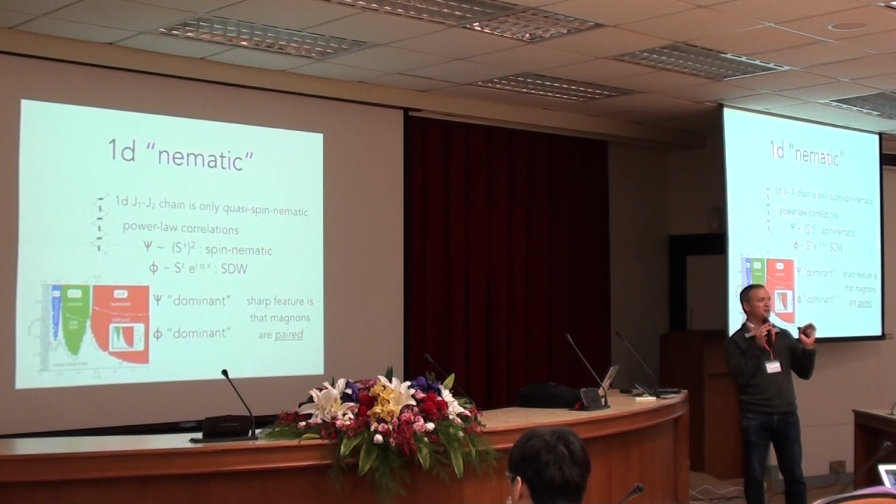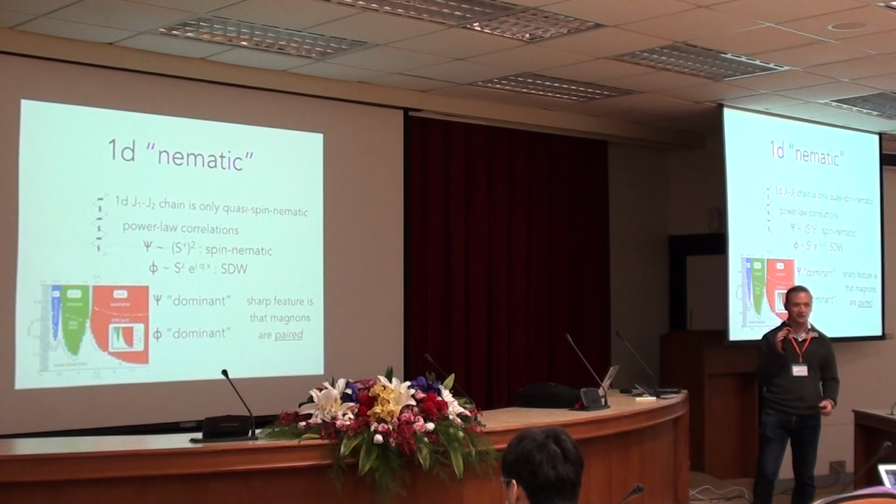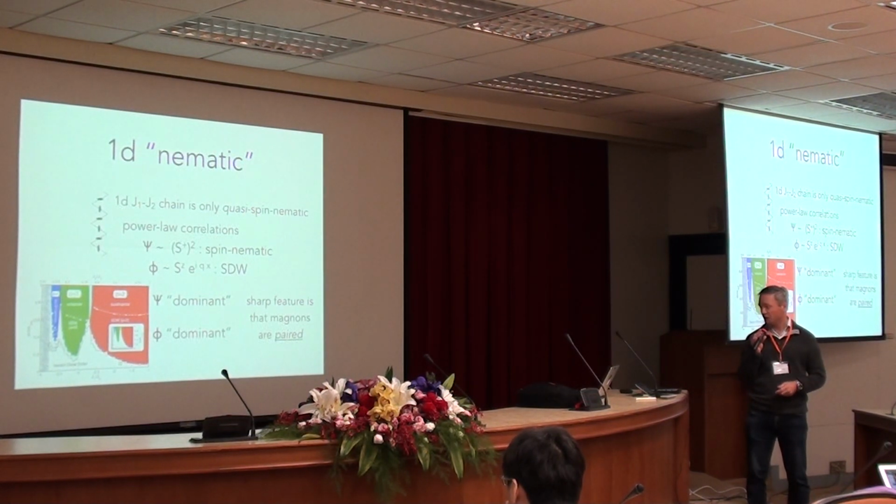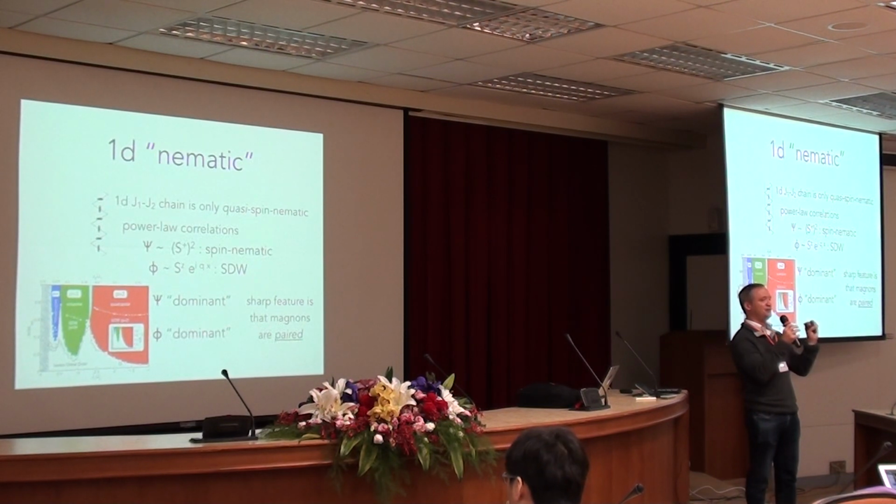Well, the really fundamental property of this state is that it has binding of magnons. So below the saturation field, there is still a gap for spin-1 excitations, although there's no gap for spin-2 excitations. That's the fundamental property. But if we look at order parameters, it's more complicated. You should think about it as kind of a gas of molecules of magnons.